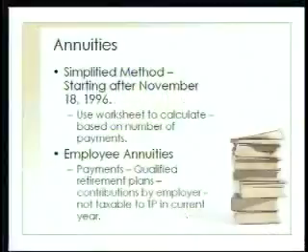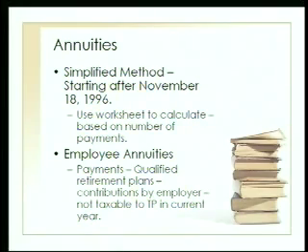Okay. So that was the general rule and the general calculation of how we come up with this exclusion ratio. We also have what we call the simplified method. If you look on page 2-12, this was used for annuity payments starting after November 18th of 1986.